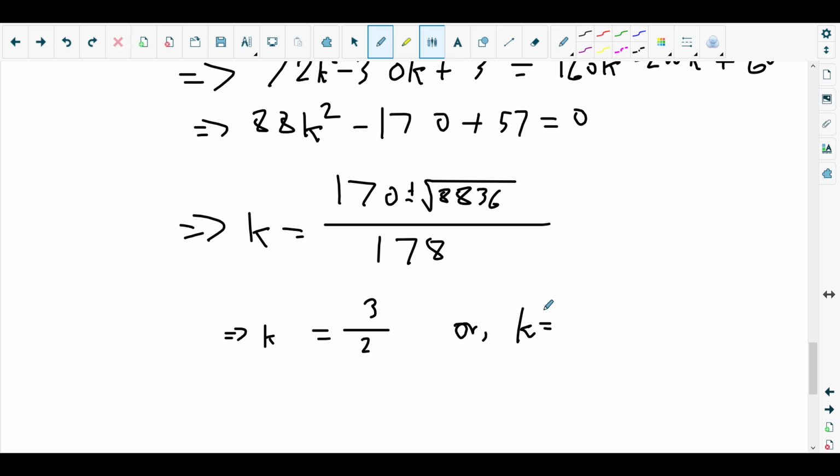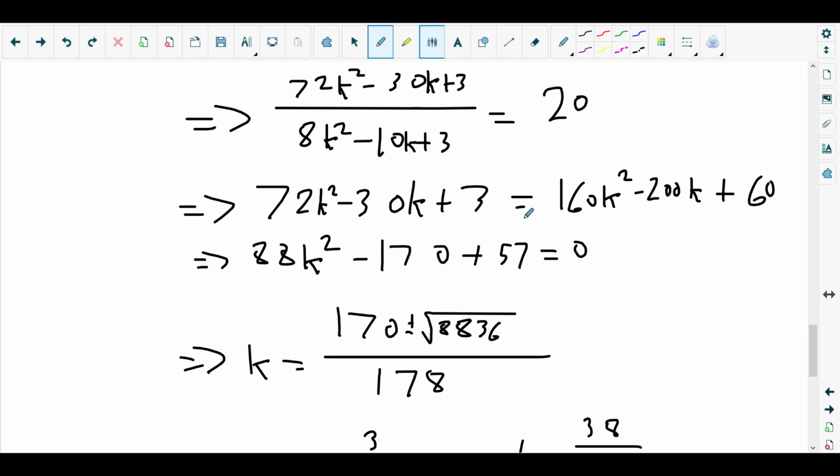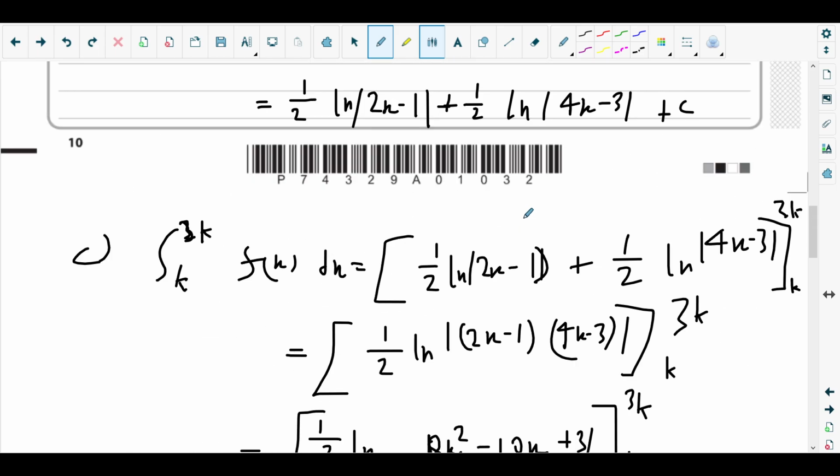The other possible value is 170 minus the square root of 8836 over 178. Now which one should we consider as the value for k? We should consider k equals 3 over 2.